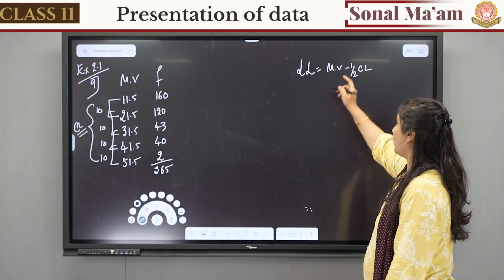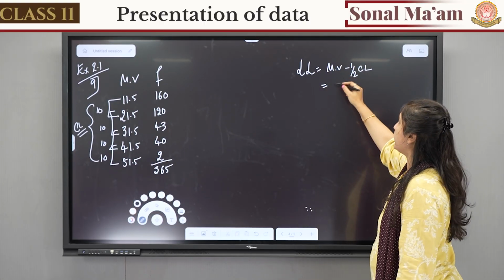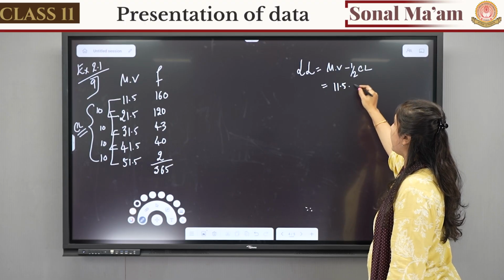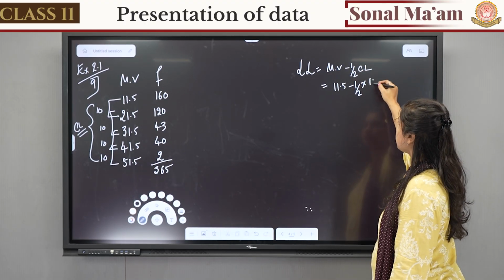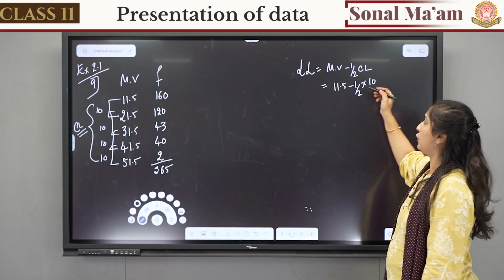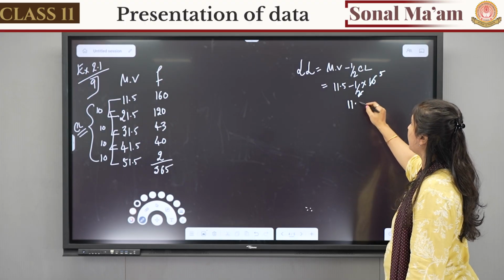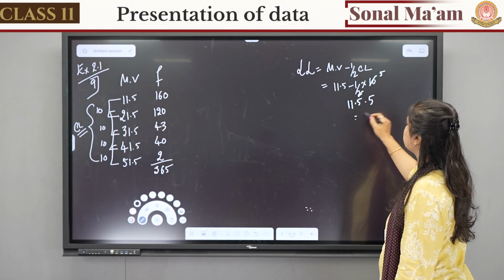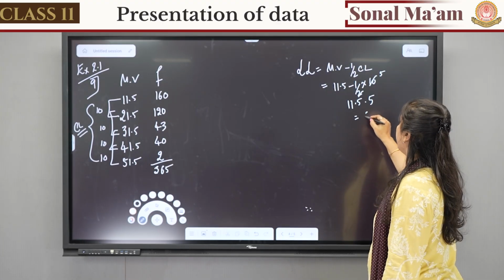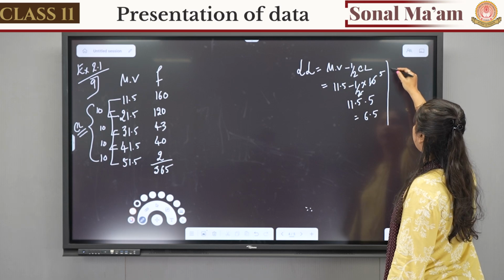Okay, fine. Now let's apply the formula once. Mid value is 11.5 minus half into 10, the gap was 10. You will cut this, this will be 5. 11.5 minus 5 will be 6.5. Similarly, we will find the upper limit also.